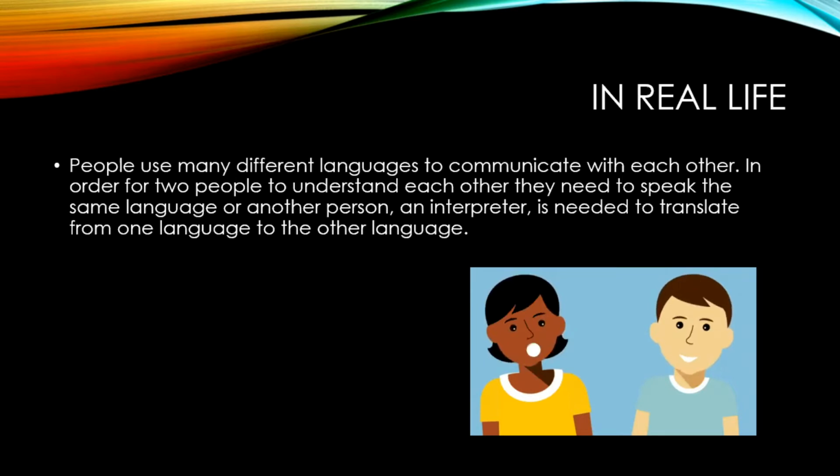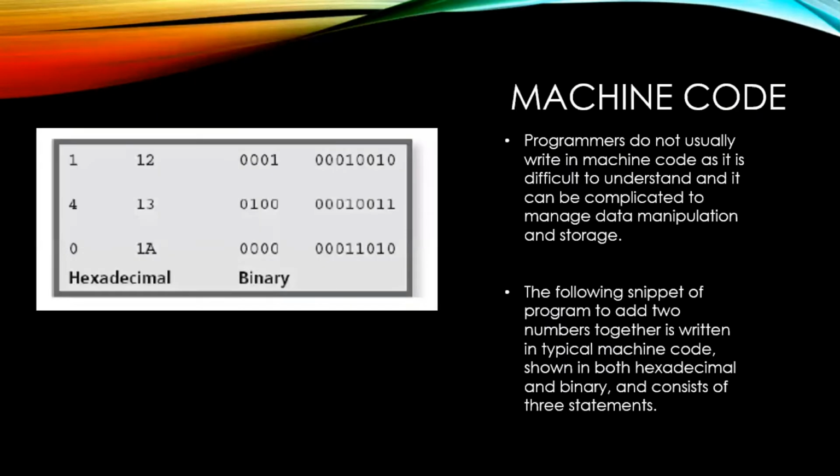So in a similar way, when you write code in programs, it must be translated to what is known as machine code. When I speak of machine code, obviously programmers do not usually write in machine code, as it is difficult to understand and it can be complicated to manage data manipulation and storage. So what is machine code?